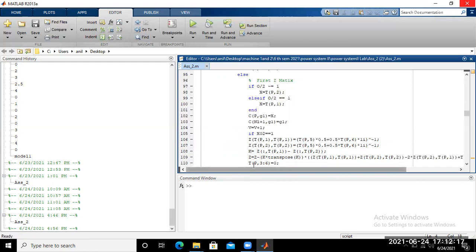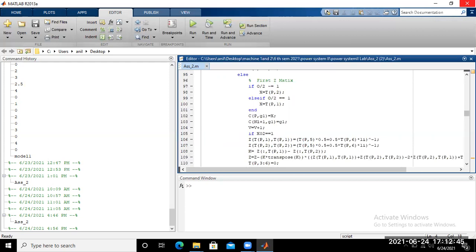So z equal to z minus k into transpose of k into z into t, p1 comma t p1 plus t p2 plus comma tp2 minus 2 into z to the power 2 minus z into transmission line of p comma 2 comma transmission line of p1.